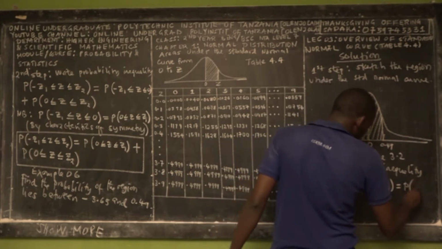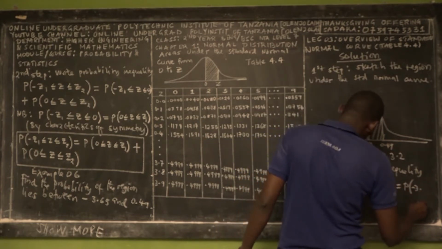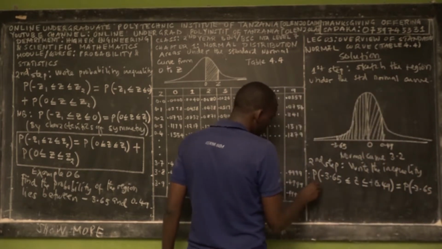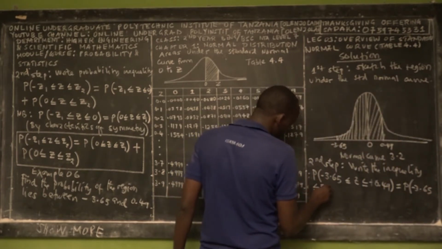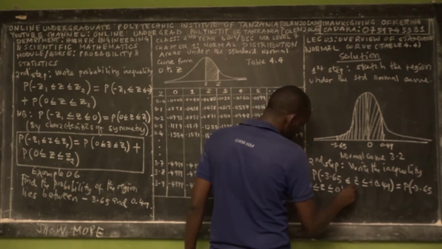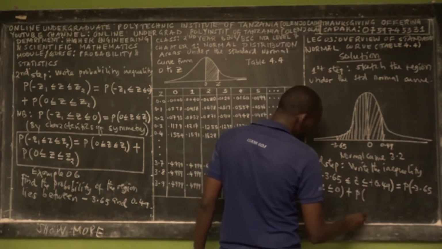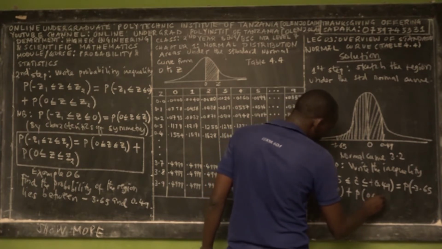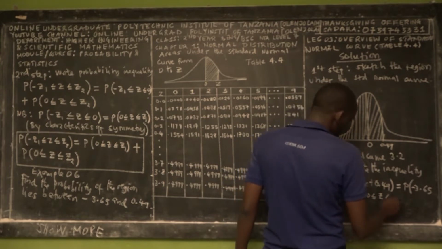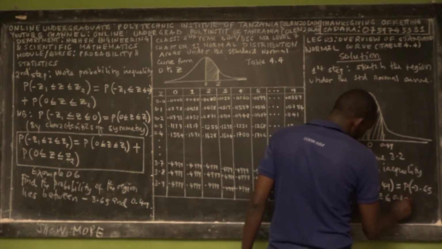So this is probability of -3.65 less than or equal to Z less than or equal to 0 plus probability of 0 less than or equal to Z less than or equal to 0.49.